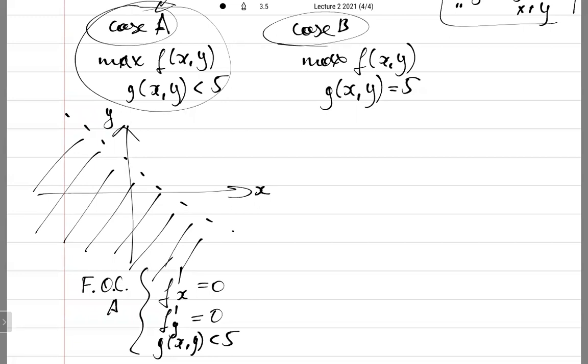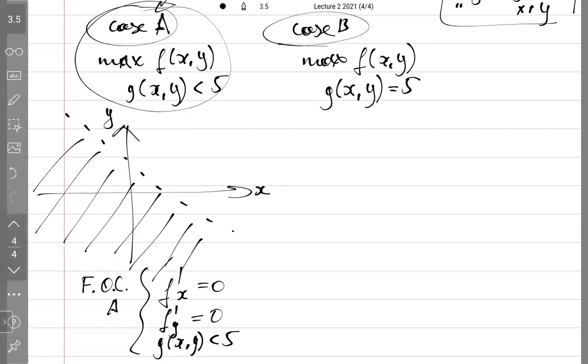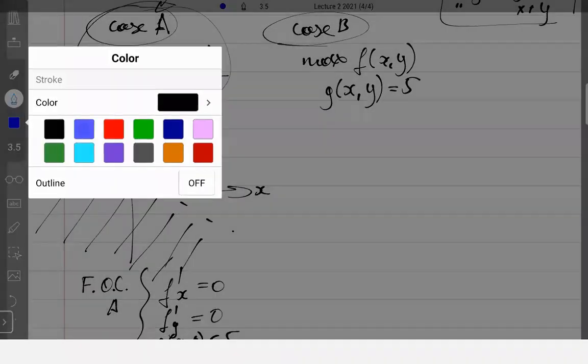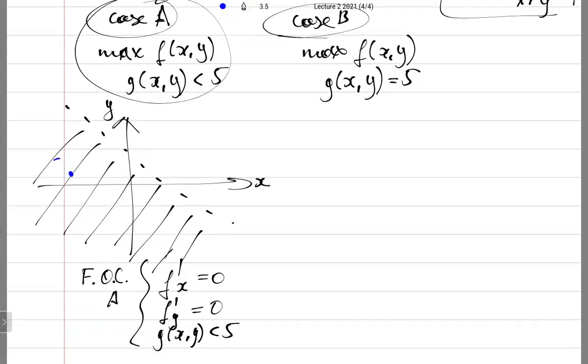Let's consider case B. You know how to solve this problem. How can we solve the problem of maximization given some equality constraint? So we can use the method of Lagrange. Yeah, exactly. Let me draw something.